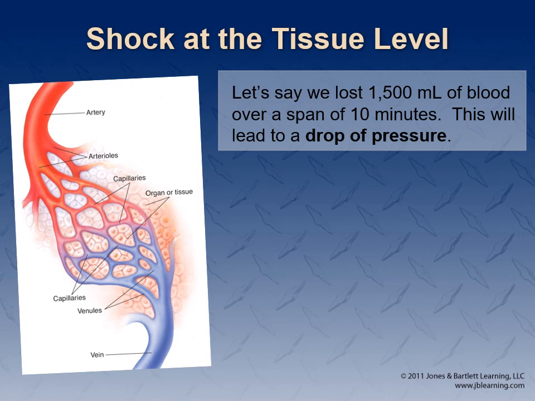So let's say that we lost 1,500 milliliters of blood, and we're up to Michaela. What in our body is going to recognize that we have a low pressure? Our brain doesn't really recognize it. It has to be told. Who tells it? And what does the meteorologist use to measure pressure?